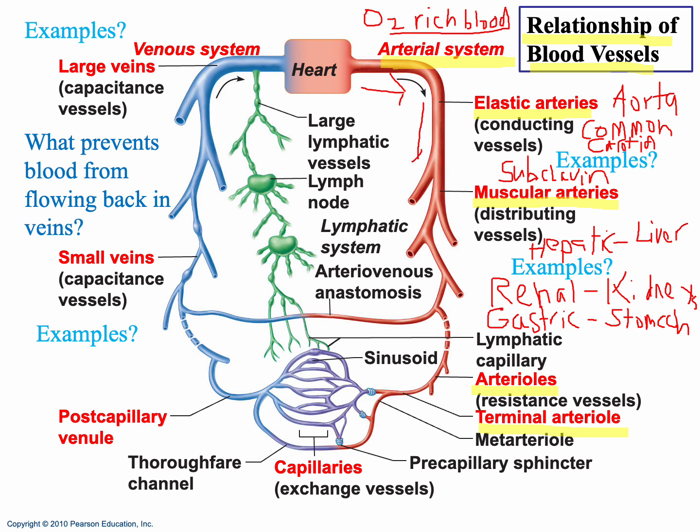Then eventually the blood will enter into the capillaries, and this is where the gas exchange occurs. This is where the oxygen, O2, will come off and go to tissue cells.